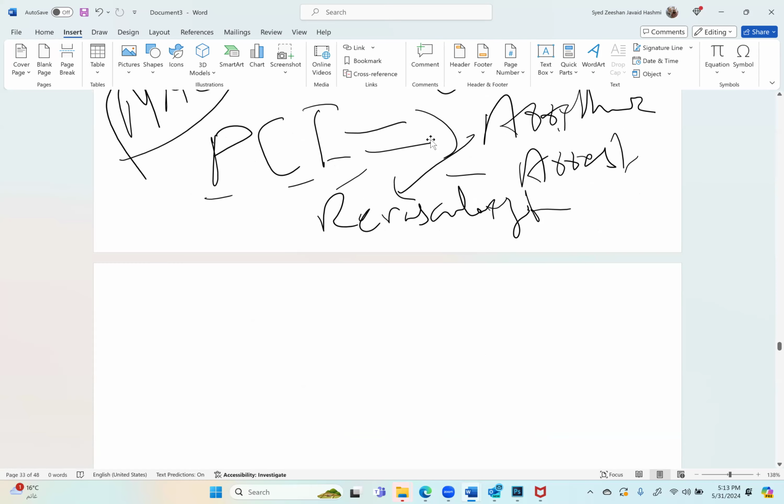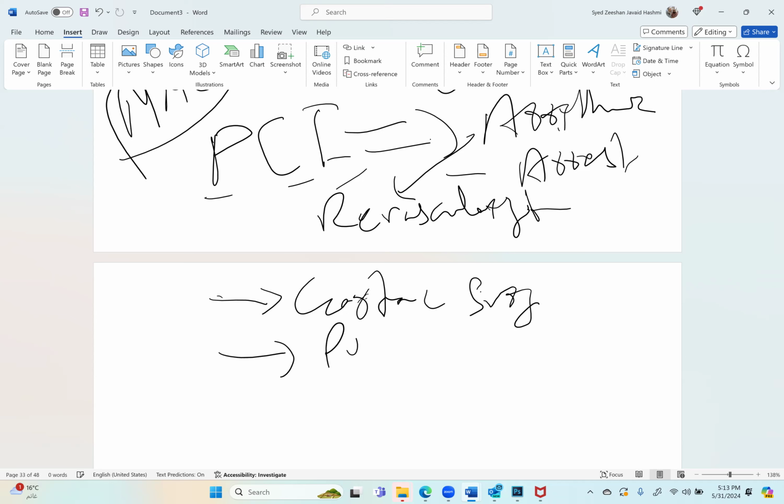Even when they are doing this PCI, the cardiac surgeon is still on call because there may be rupture of a vessel. Then the perfusionist is over there because they might go to ECMO or bypass immediately.